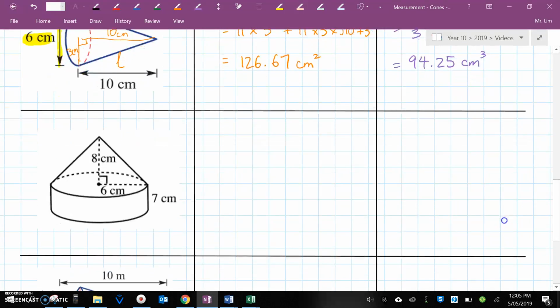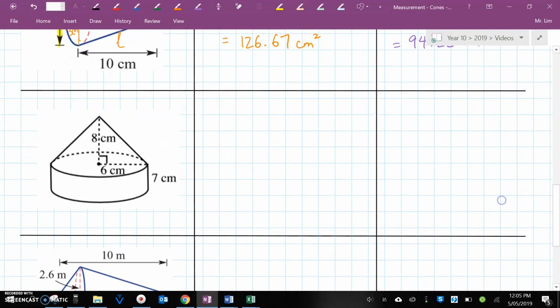Let's have a look at another example. Here we have a composite solid, where we have a solid that's made up of 2 or more solids. Here we have a cylinder and a cone. The surface area is only the total area around the outside of a 3D solid.